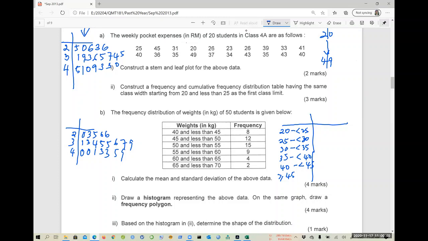Okay, how to determine the number of sample? So 20 and less than 25, so 25 is not included, so you have 2 over here. And then you have 3, and then 3.